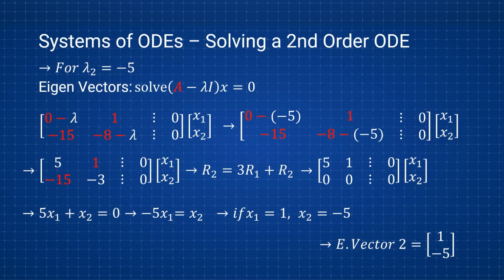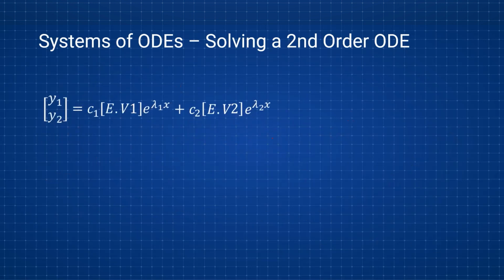All right, so it's time to find our general solution. The general solution has this form, a matrix solution. So y1 and y2 are equal to C1 times our first eigenvector times e to the first eigenvalue times x, plus C2 times our second eigenvector times e to the second eigenvalue times x.